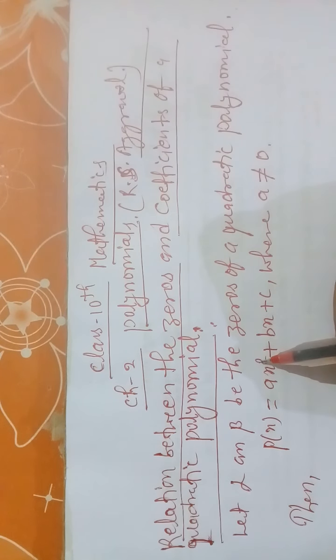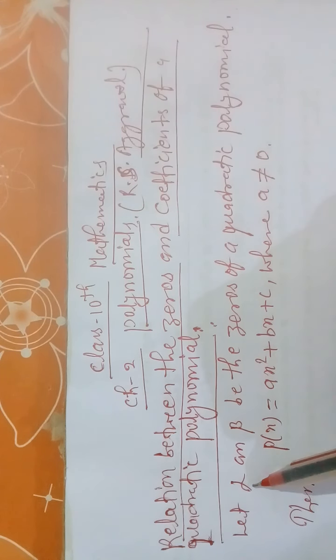Then, a quadratic polynomial has two factors. So its roots are alpha and beta, also called the zeros of this quadratic polynomial.